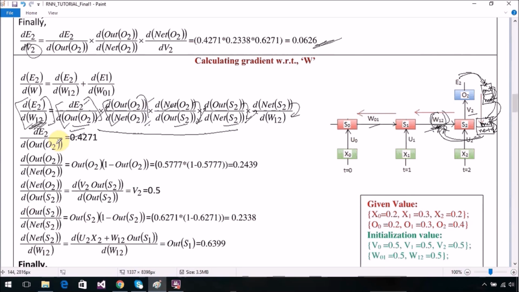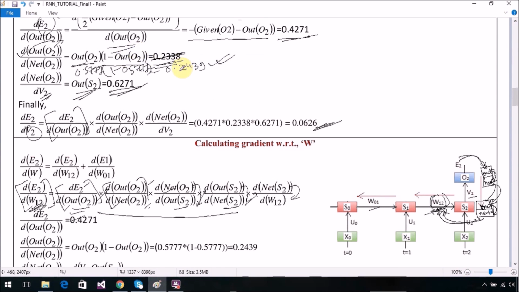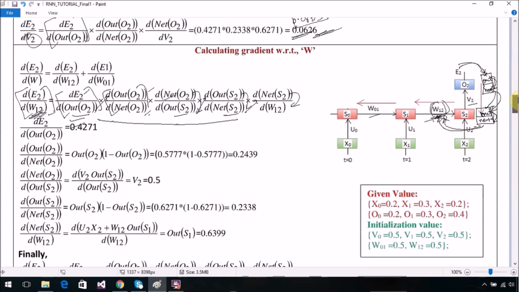So dE2 by d out O2 we already calculated. Updating this weight and replacing it here will make a slight difference in calculation, so not 0.653. We will use this result instead of this. Now come to here. Again this part is already calculated.